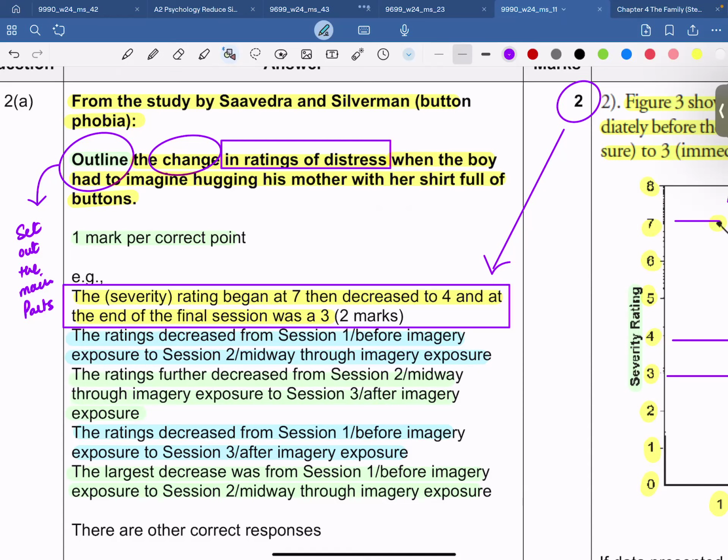But I believe if I were a student, I would have written that the severity ratings began at 7, then decreased to 4, and at the end of the session was a 3. For this, you need to know the procedure and the findings of the study. There are these nitty gritty details that you cannot miss out on.